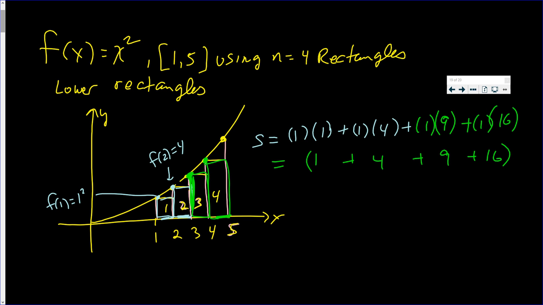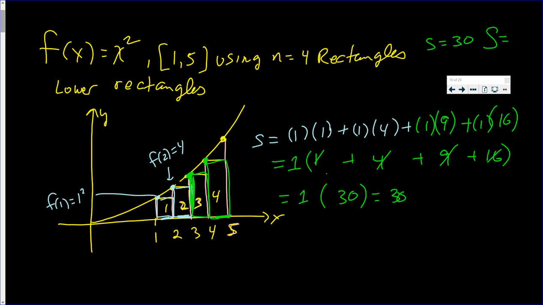In fact, we can factor out the base. So it's the base times 9 and 16 is 25, 29, 30. Okay, so we claim that little s is 30. Now we want to find out what big S is.